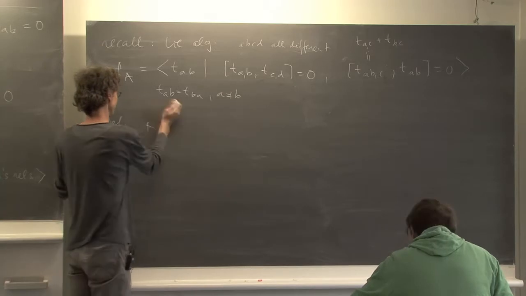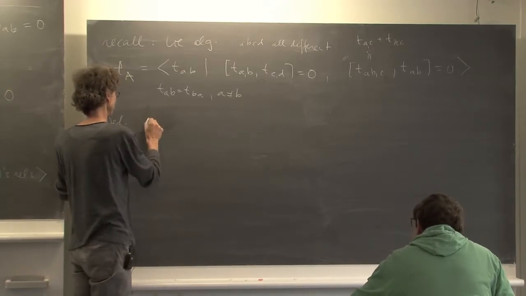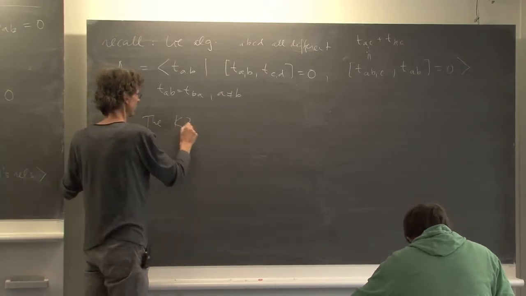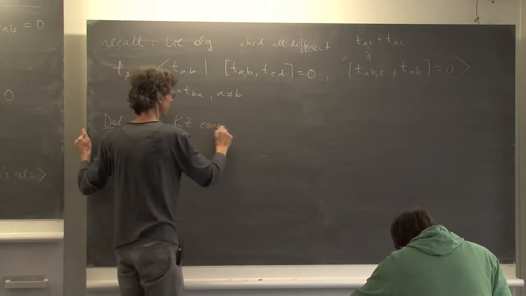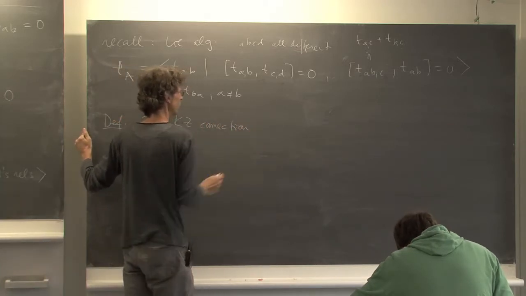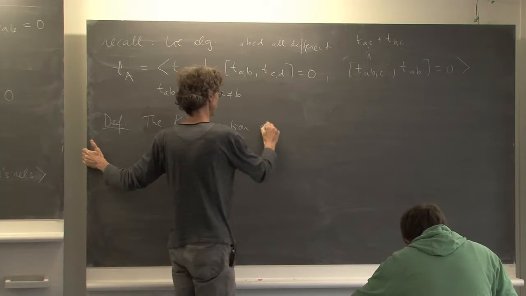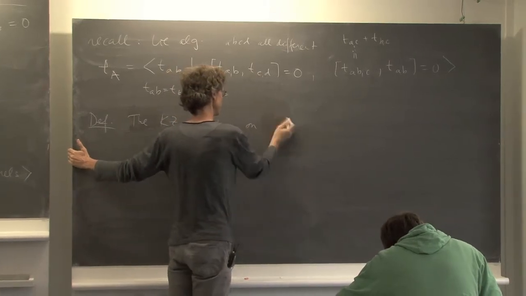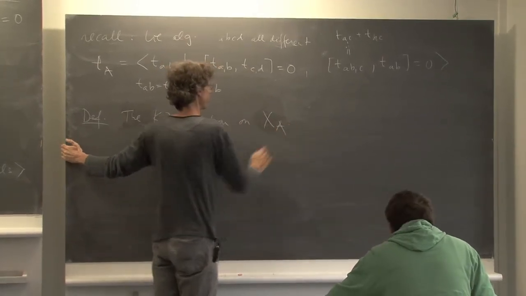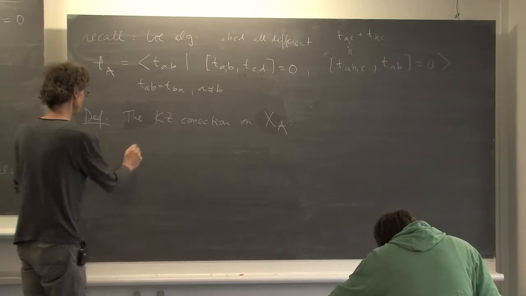The KZ connection on X_A, so what is that thing?